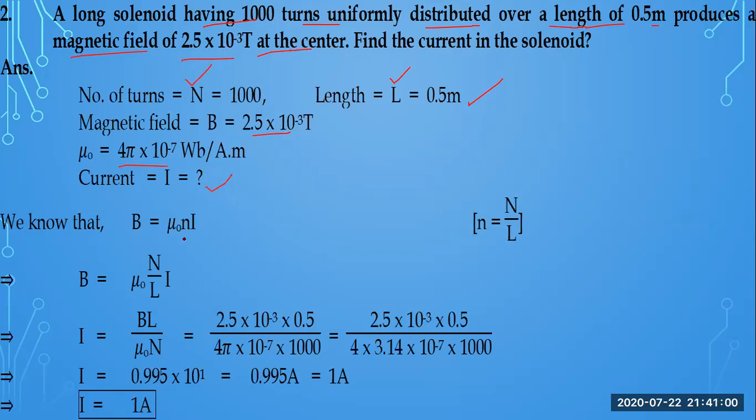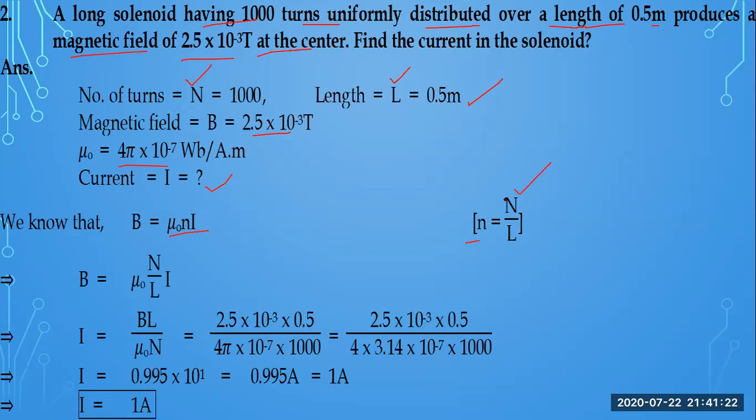To calculate the current, you have the formula B is equal to mu naught n I, where n is the number of turns per unit length. You need to know the number of turns, and you know the length of the solenoid, then you can calculate the value of n.